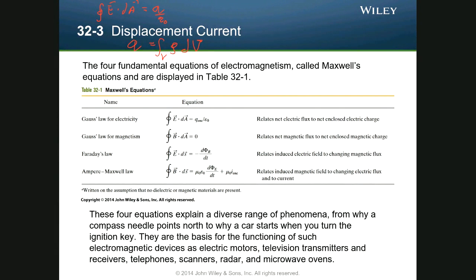Now, one thing we have to understand is when we do vectors, we're going to want to understand that we have this del or nabla symbol, okay? And this is a vector itself, and when you use del, it is just a three-dimensional partial derivative.